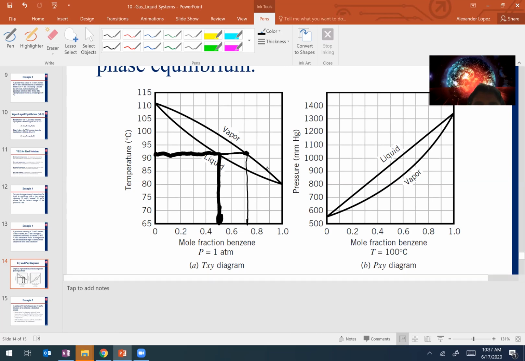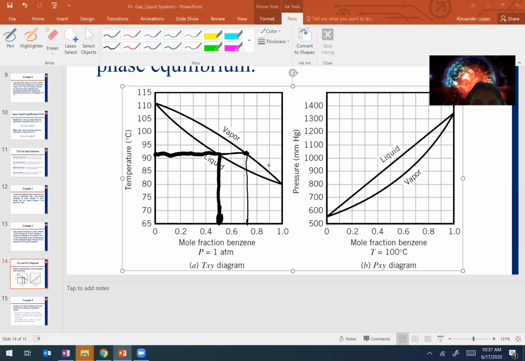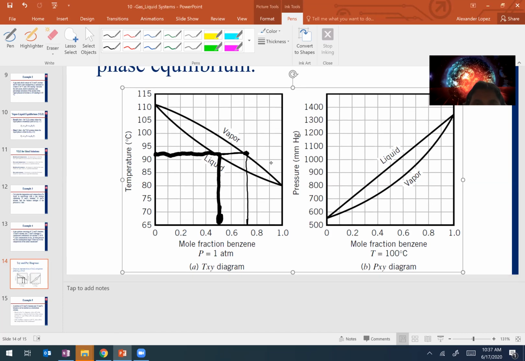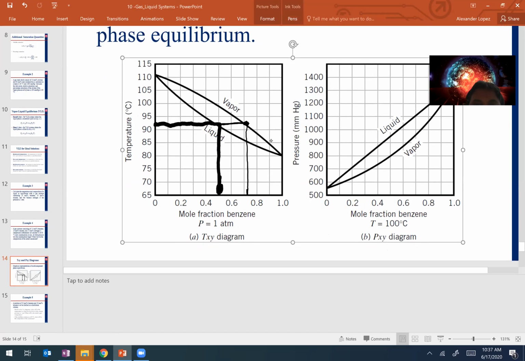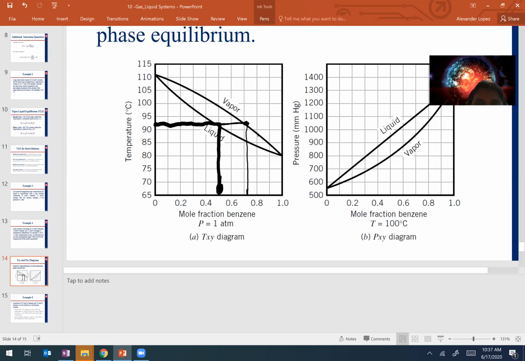Well, if I have vapor coming in at 85 and it begins to condense, that means that the vapor would come in at a composition right here. But the droplets that form fall along the vapor liquid envelope, and they would condense here.